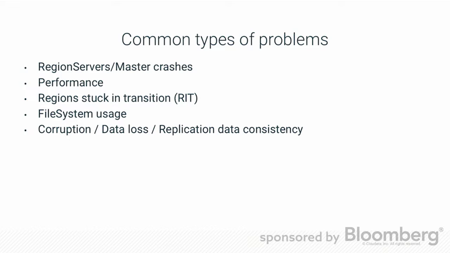Less common, at most around 5%, there are some cases reporting corruption, data loss, or replication data inconsistencies. I decided to bring these over in the examples we'll be showing today because, even though they are not very common, given the criticality, I think they are worth mentioning and showcasing as well.